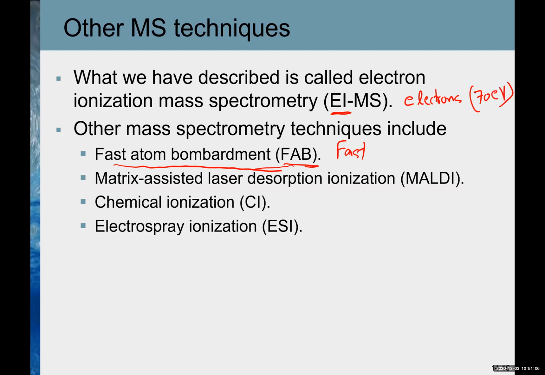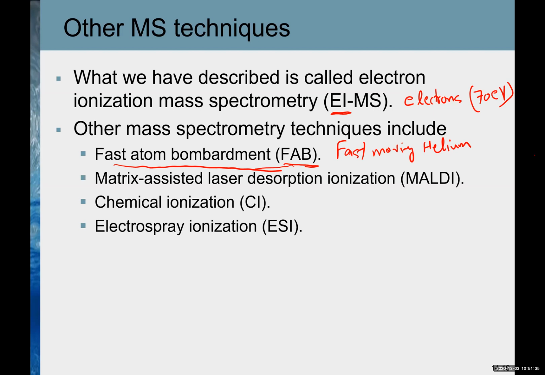So about 5 to 8 times more energy is required to remove any sigma bonded electron. In fast atom bombardment, it's similar to electron ionization, but instead of electrons, we use fast moving helium atoms to remove one of the electrons.